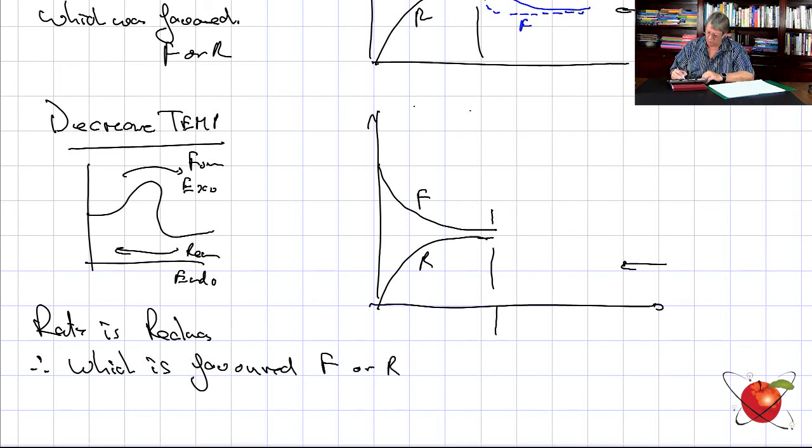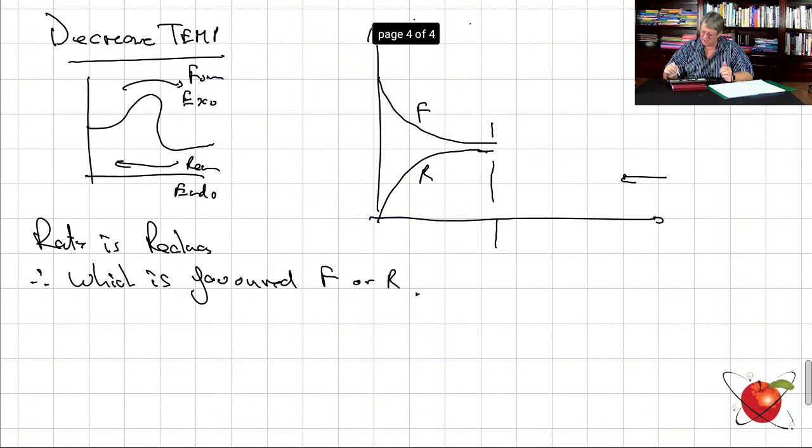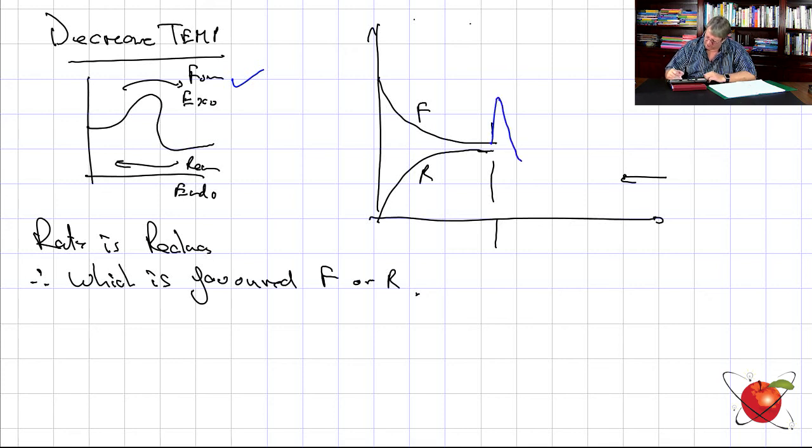Forward or reverse? It's a bit like gears on a vehicle, isn't it? Forward or reverse. So how do I answer that question? I go to my thing. If I cool it down, I favor the forward. Therefore, my forward rate goes up and then drops down. And this one then comes in to join it. Forward and reverse. Like so.